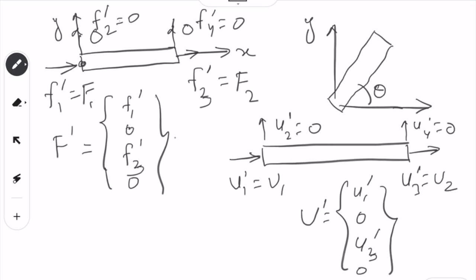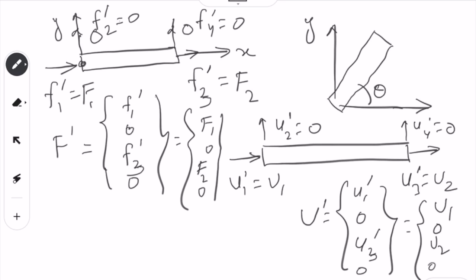Basically what I mean to say here, specifying 0 because f dash 2 equal to 0. F dash equal to f1 dash, f2 dash, f3 dash, f4 dash, but all the other values, these two values are 0, and f1 dash equal to f1 only, capital F1. So you can write f1 0, f2 0, right? Similarly here in u, you will have u1 0, u2 0 only.